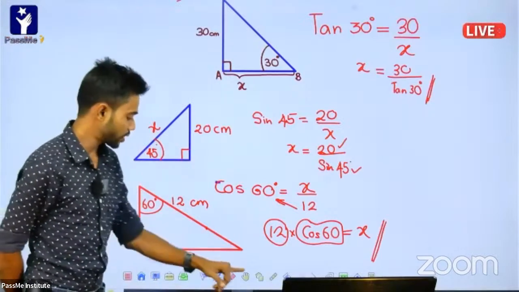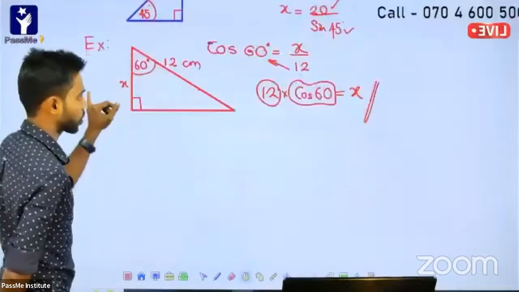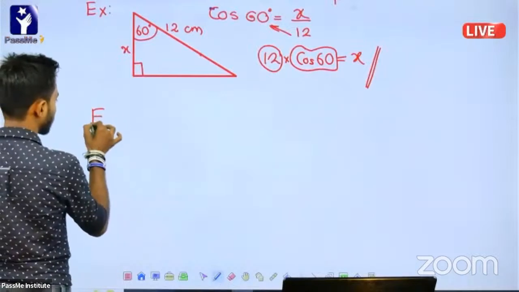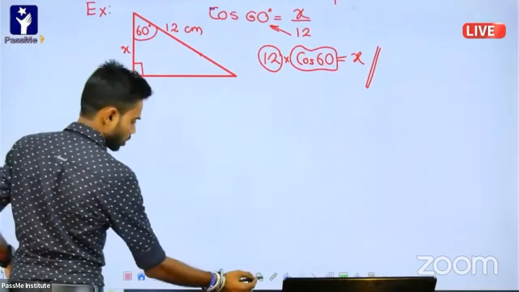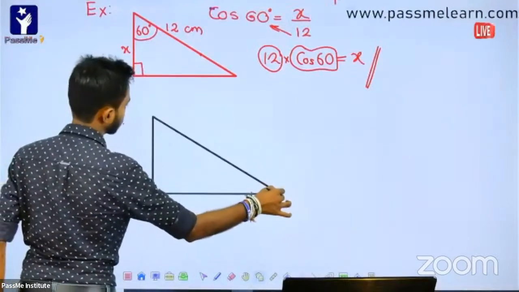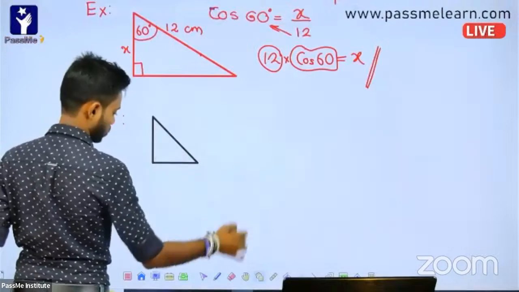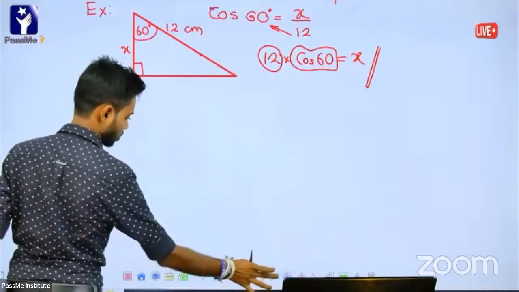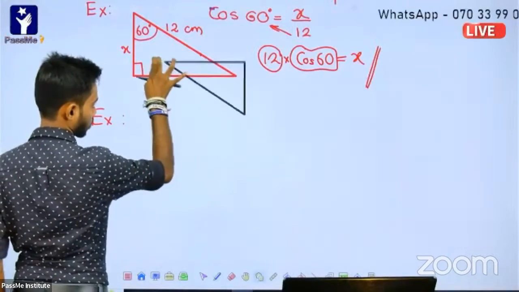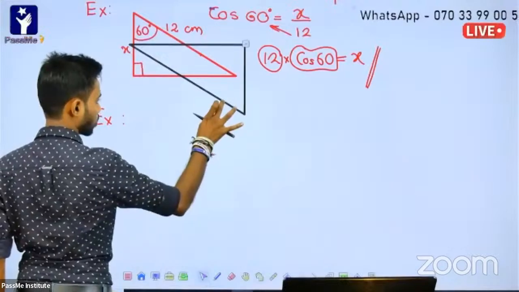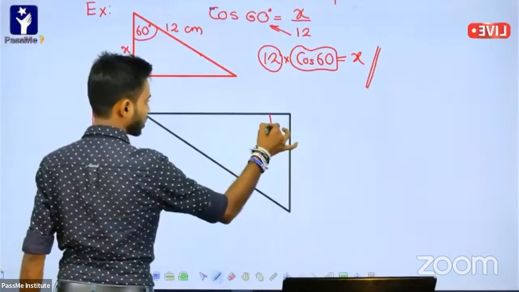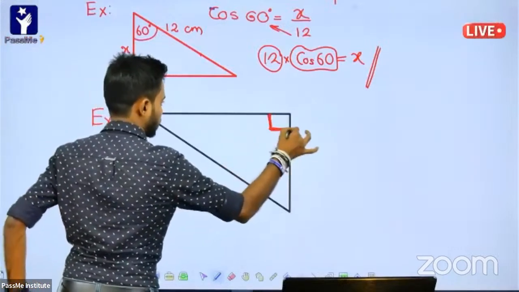Okay, moving on, the fourth one, right? Another example here. Example number 4. Now you have a triangle like this, 90 degree, that is a right angle triangle.